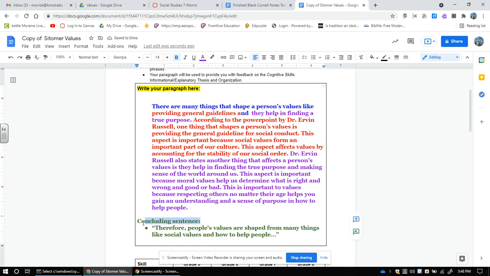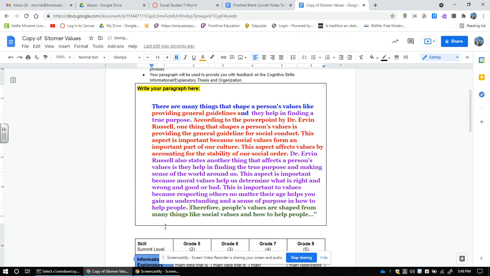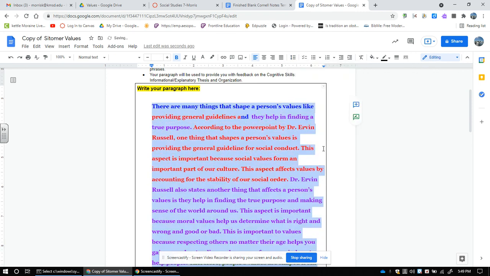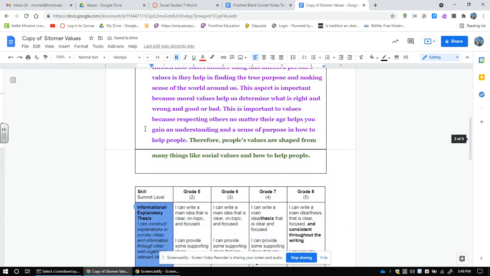Now I have to finish this part. And I'll do this. Period. I'm pretty much done. Now I need to make this 1.5. I'm going to go up here, go there. And ladies and gentlemen, this is what you're turning in.